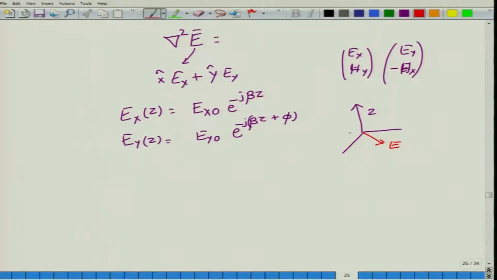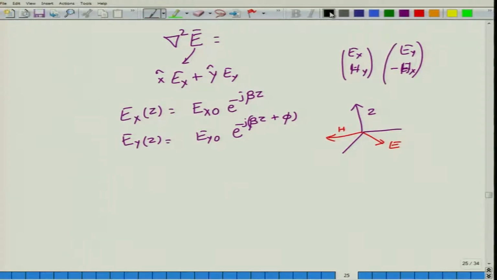So, E cross H must be along the z axis. Appropriately, you will have to find another field such that this E cross H would be perpendicular to E. So, the point is, because of the linearity of the wave equation, both the Ex component as well as the Ey component can exist simultaneously.